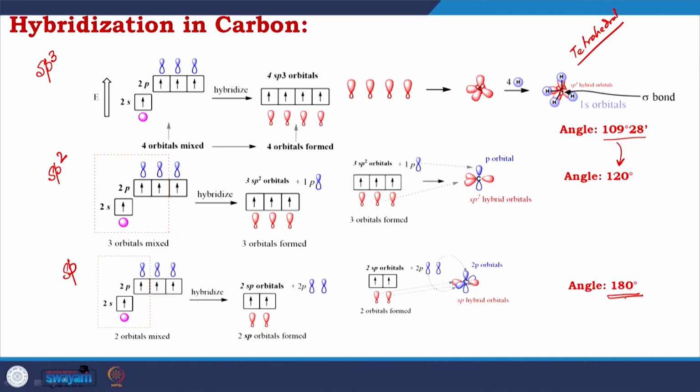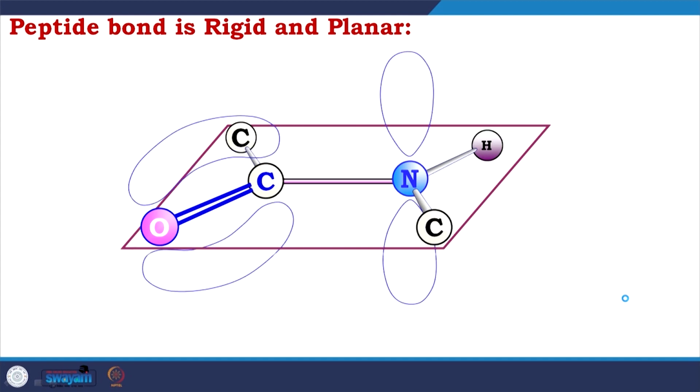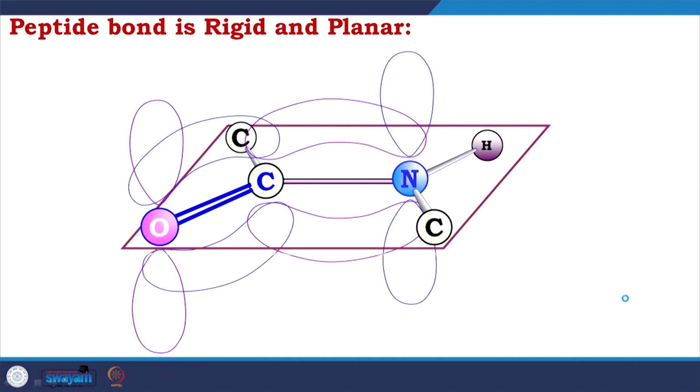Another important thing which is very valid for protein is that when they are sp2 hybridized, they are in the same plane. That same thing you will see here in the peptide bond, which involves a carbon, a nitrogen and an oxygen. Here they could form sp2 hybridization and they could form the sigma and pi bond.